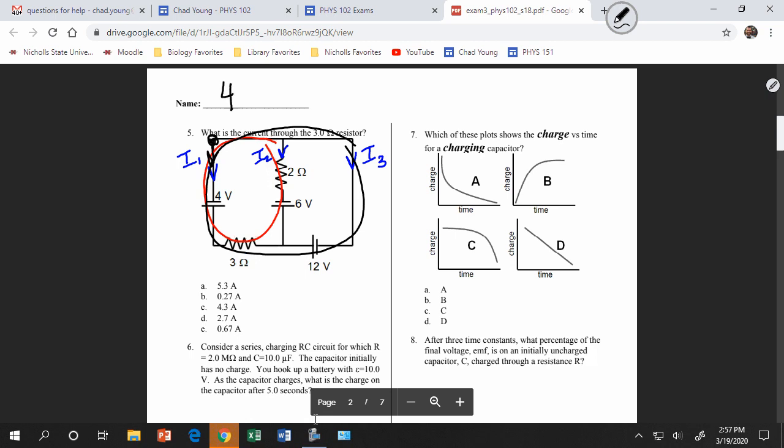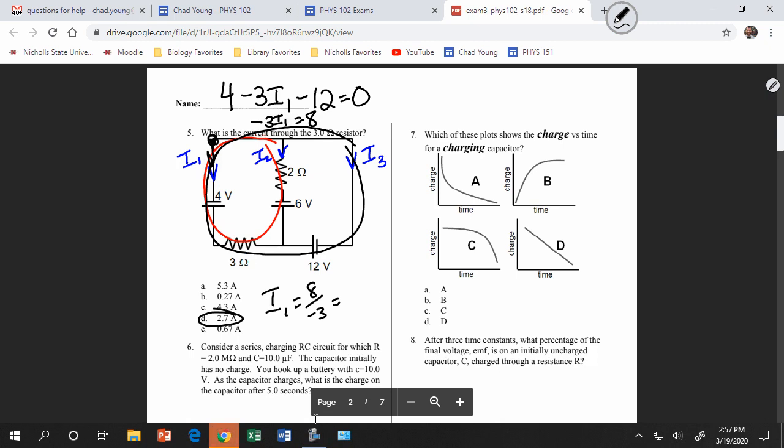So I'll have 4 minus 3I1 minus 12 equals 0. So that is minus 3I1 equals 8. So I1 is equal to 8 over negative 3, just 2.7.